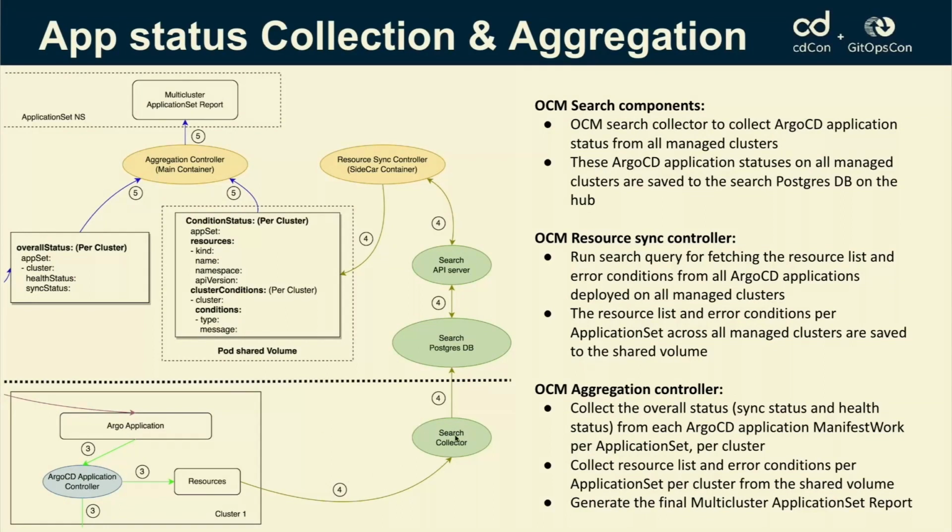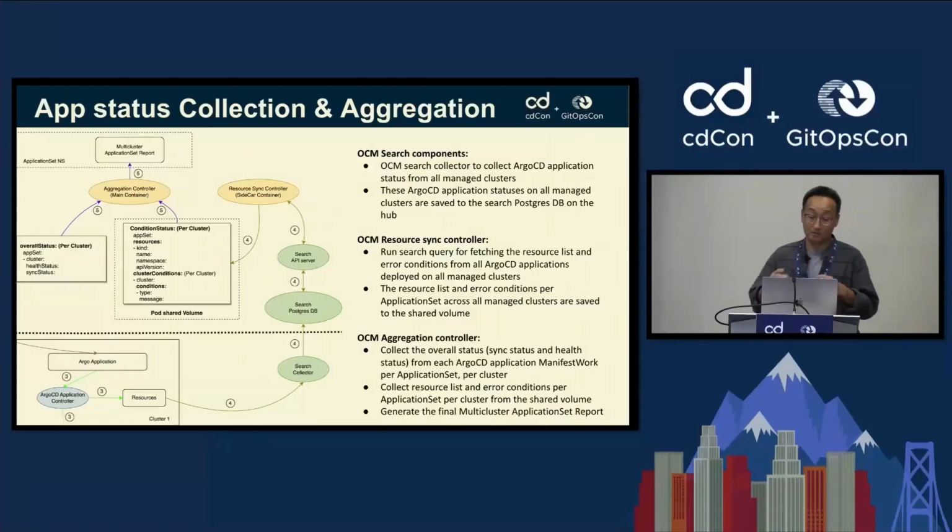Each search collector runs as an agent on each managed cluster managed by our OCM components. It is able to collect all the ArgoCD application status from each managed cluster, and then saves all of this status to the search Postgres database running on the hub cluster for later queries.